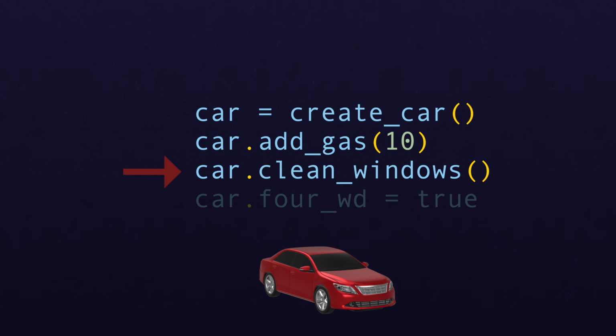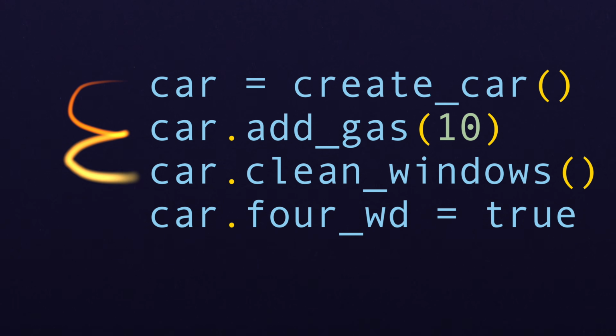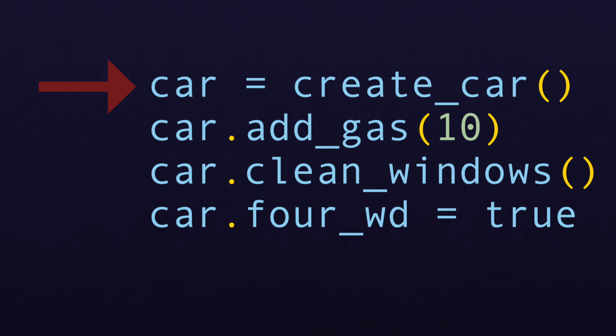Then we call the clean windows method, and then we set the four-wheel drive property to true. This code executes in order, one line after another. At every step, the car variable is updated. So to debug this program, we need to think about time. The car has 0 gallons of gas on line 1, but by line 3, the same variable has 10 gallons.